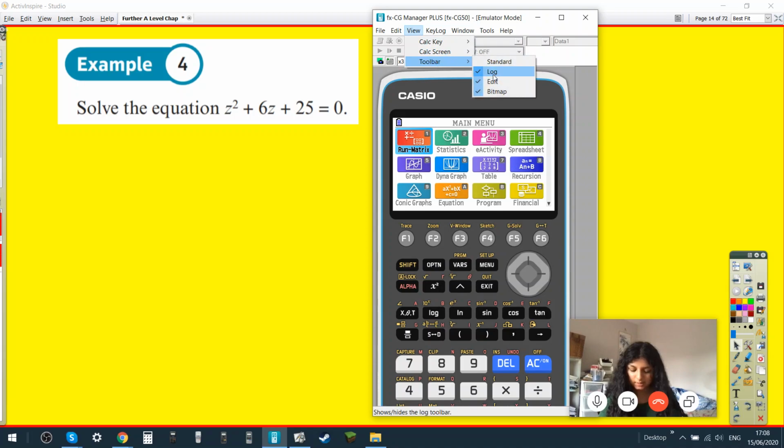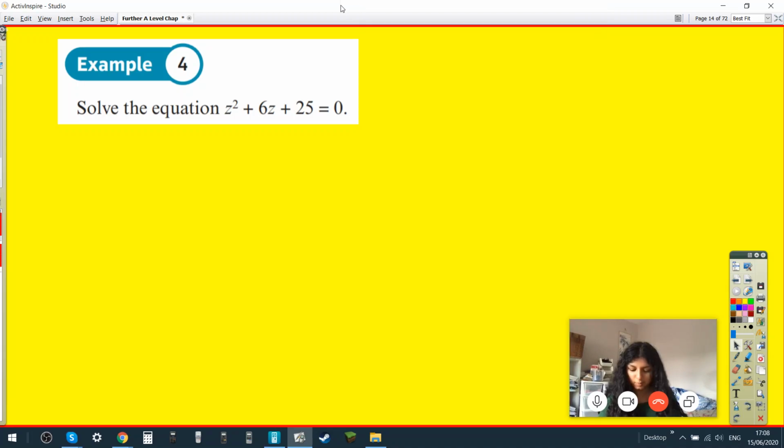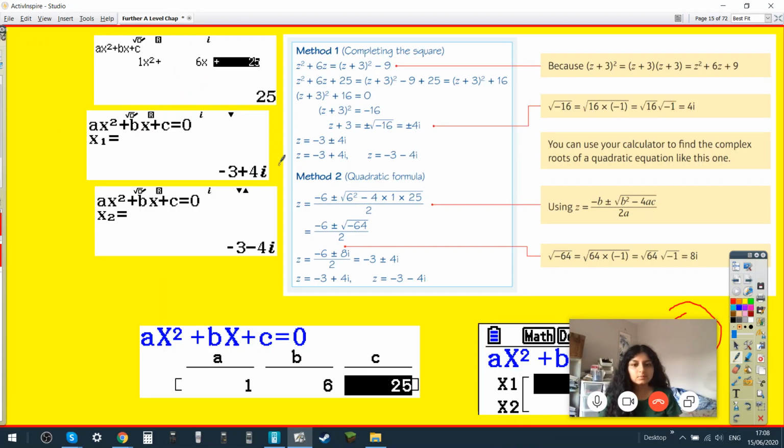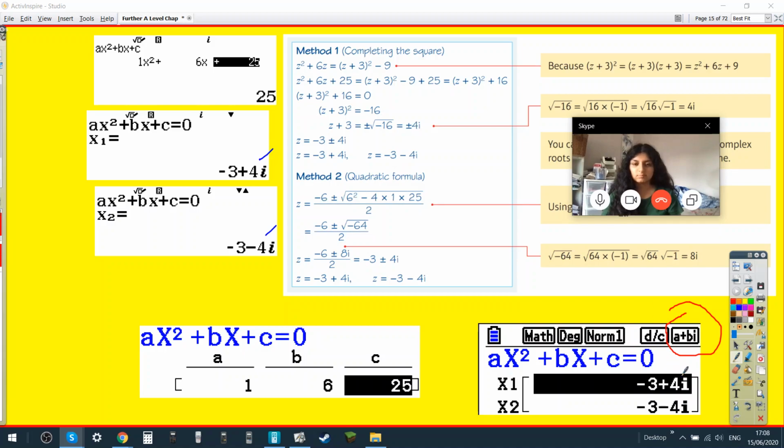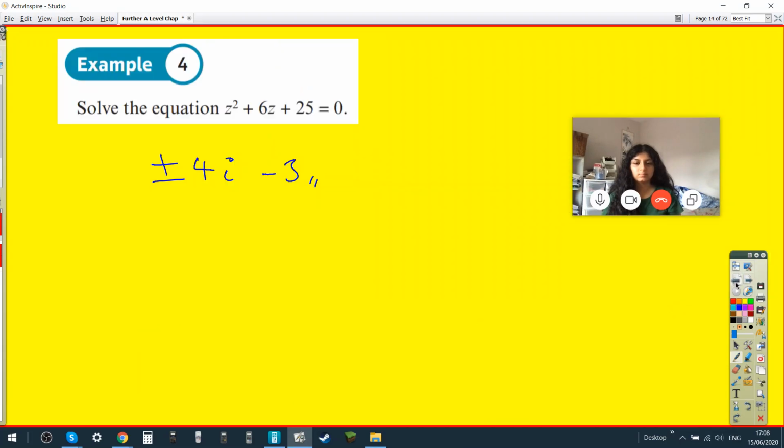Minus 3 plus 4i, minus 3 minus 4i. A simple calculator gets it, and this calculator gets it as well in a plus bi mode. Any questions there? No.